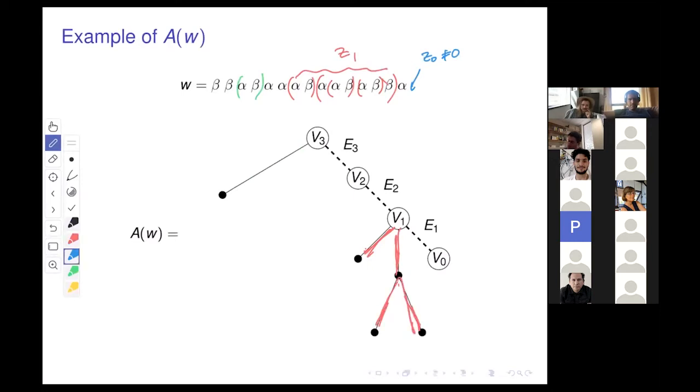There is also a Z2 here, which is again empty. And then there is the final guy here, which is a Z3, which again is the last Cauchy and J word extended by the beta. So really the tree is just one line.